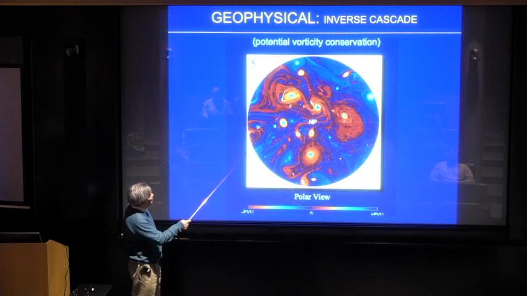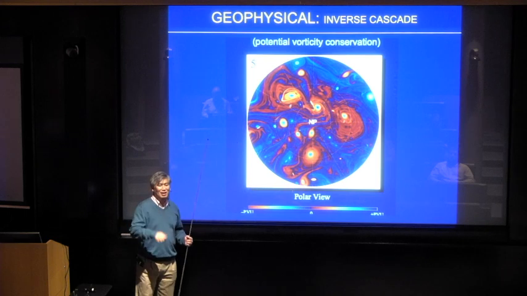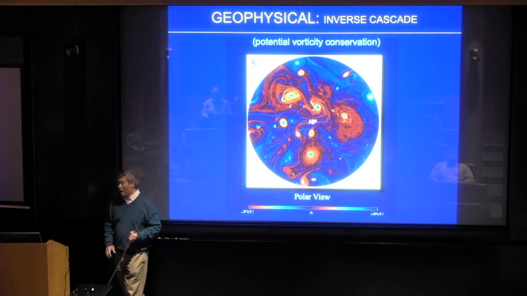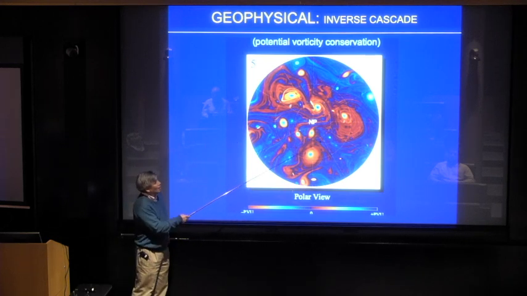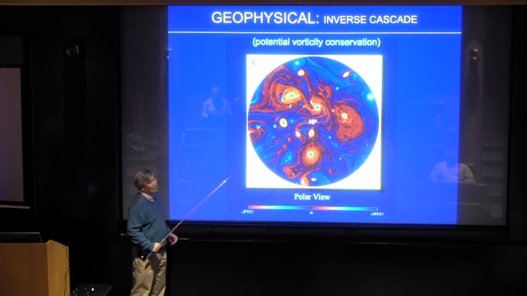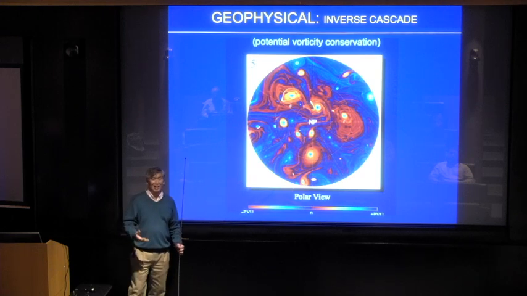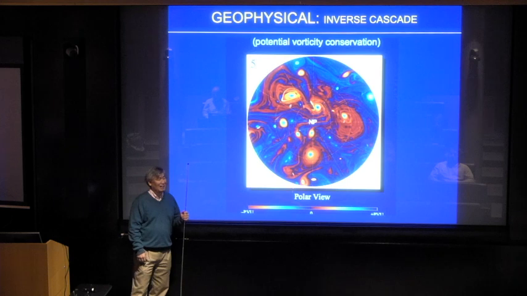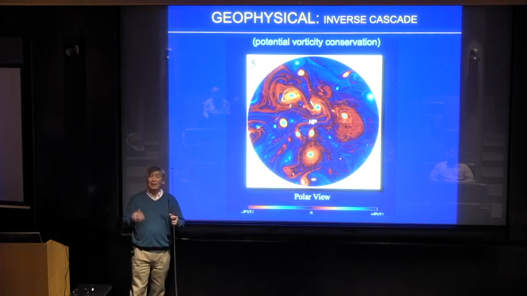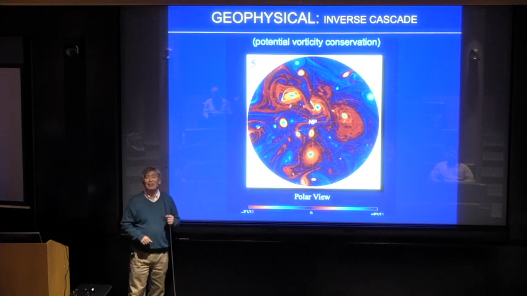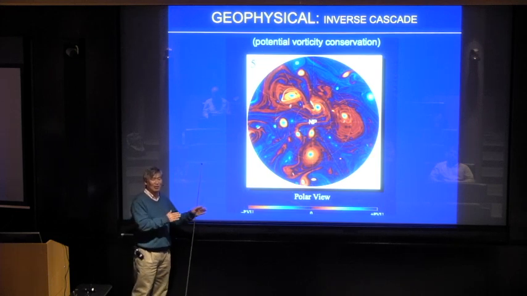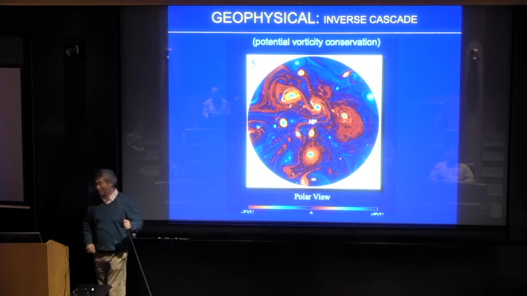And you're looking at flow on the sphere from the top down, looking down from the North Pole. And you're seeing vortices undergo mergers, which signify inverse cascade. And that usually shows up as the centroid of the energy spectrum moving towards the low wave number regime.